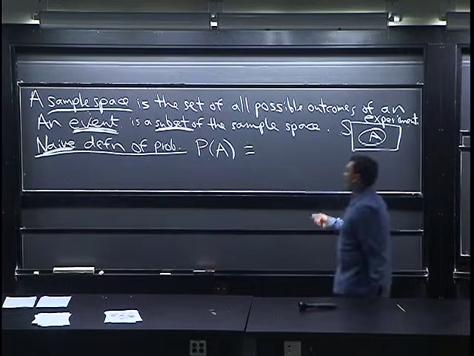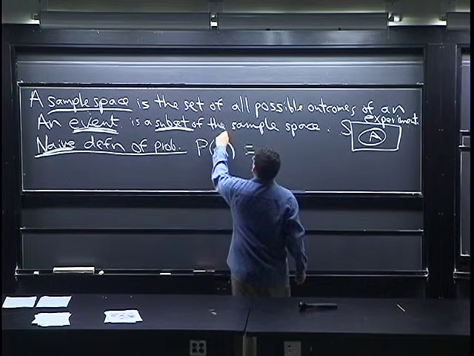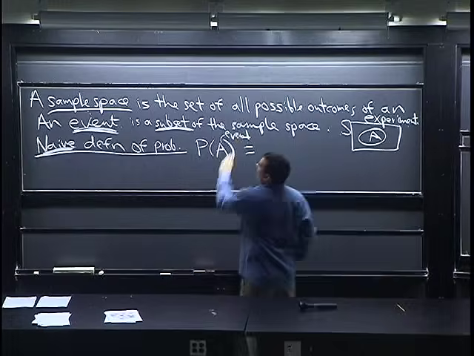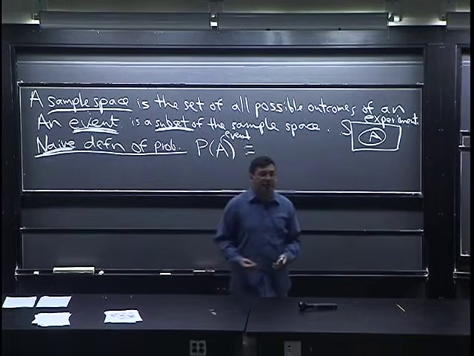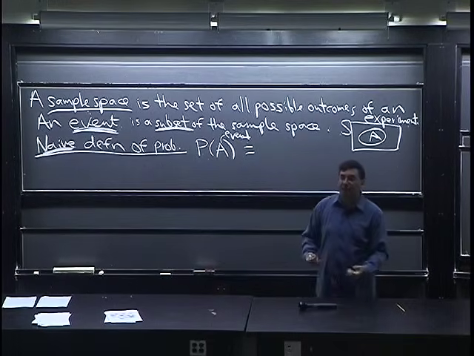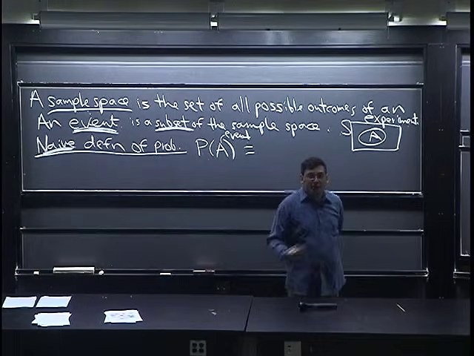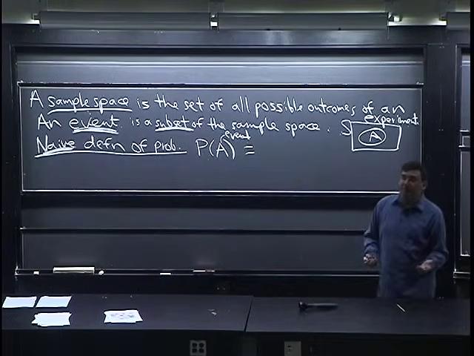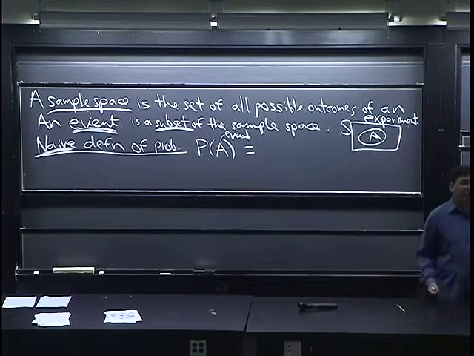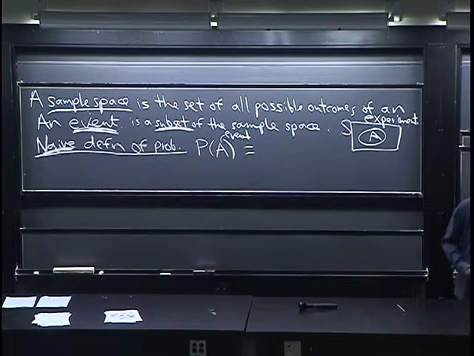So we write P of A, where A is an event. I'm imagining we have some experiment, a sample space, and a subset we're interested in, A, because we want to know what are the odds that some particular event will occur. That's the question we're going to be considering throughout this course. So we want P of A.